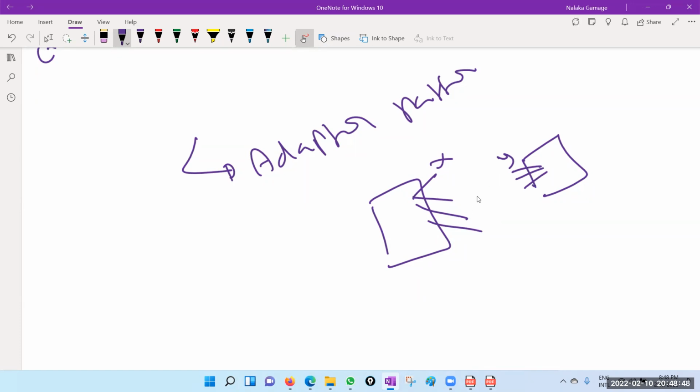Now I can't integrate. It's the same as when you have a square shape plug, but the plug point is different. Now there's a mismatch. So how do you do it? You come up with an adapter.